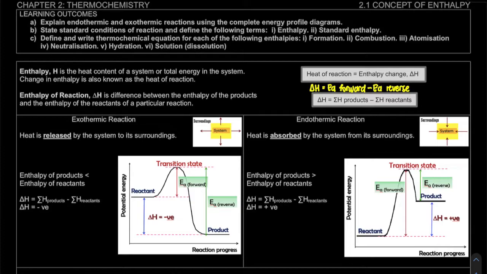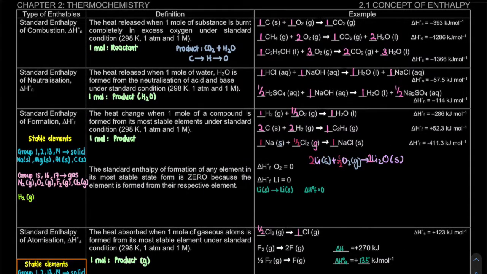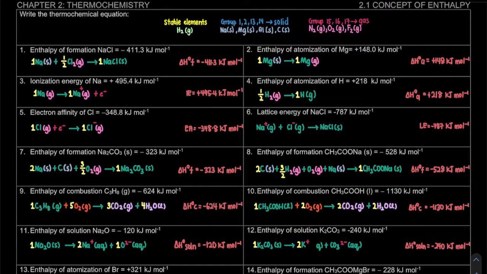Okay, so first thing first, for chapter 2, we have learned 2.1 concept of enthalpy. The concept of enthalpy is mostly the basis of your chapter 2.3 Hess's law as well as your Born-Haber cycle. For the examples here, I have included them in the Google form, so you can check it there.